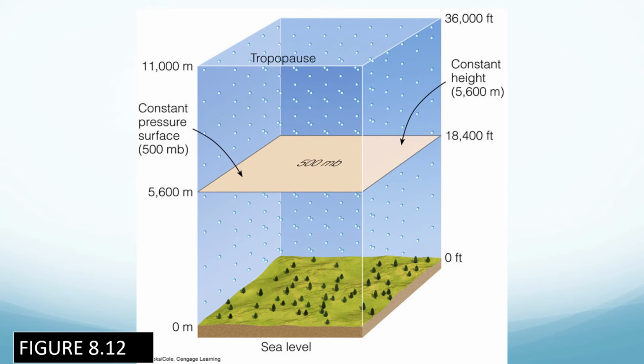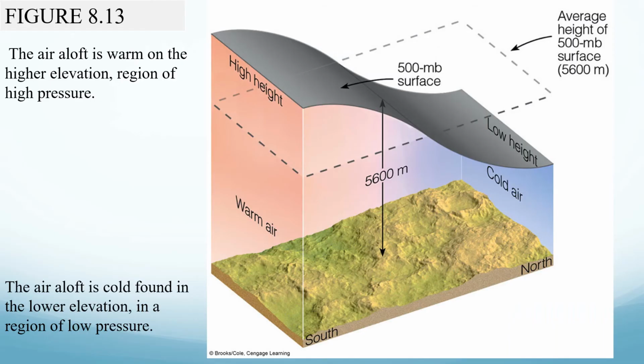So a contour map of any one of these surfaces would be blank, as there is no horizontal variation in either pressure or altitude. The map would look like this.